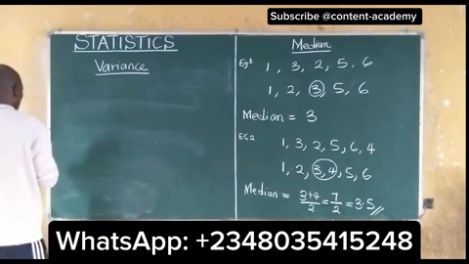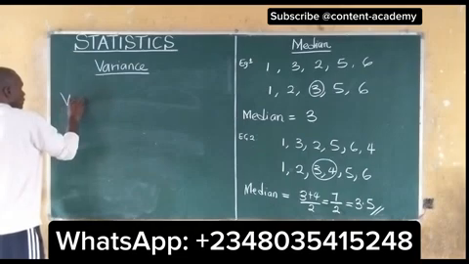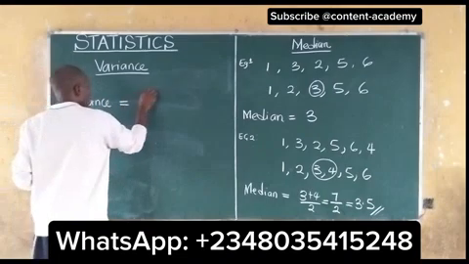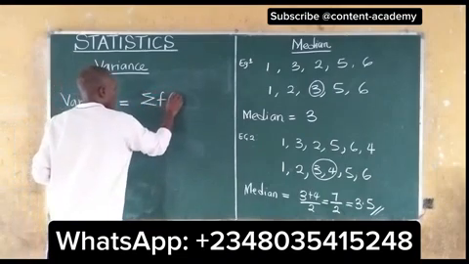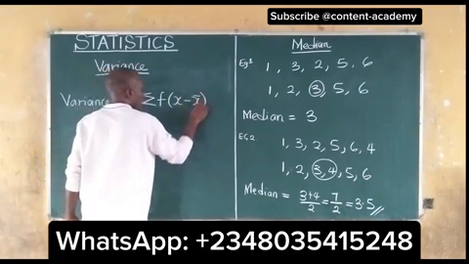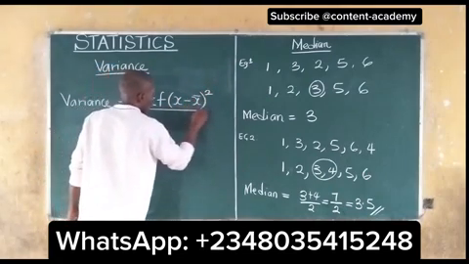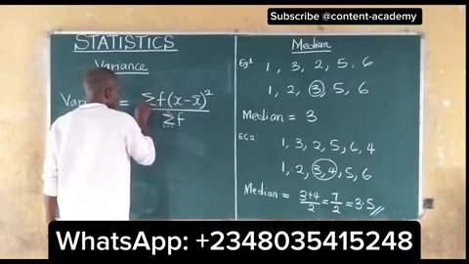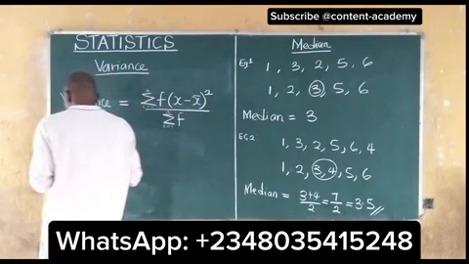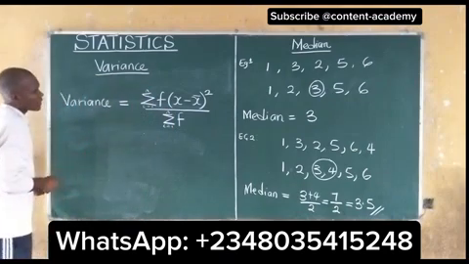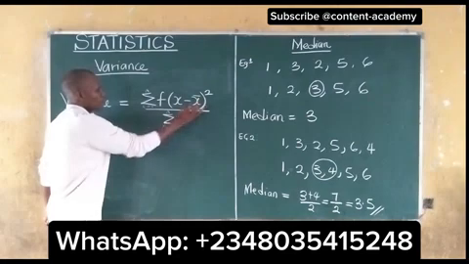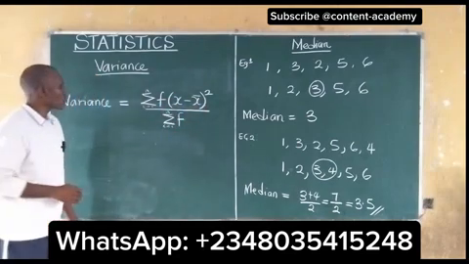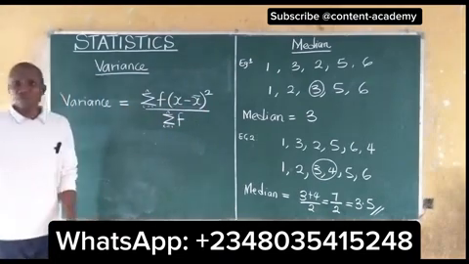And it can be written as the summation of f of x minus x bar raised to the power of 2, all over the summation of f, as i running from 1 to n. So this is how the variance can be calculated. While this is our mean, this is the value for the data set. When we take some examples, we'll be able to know how to calculate the variance.